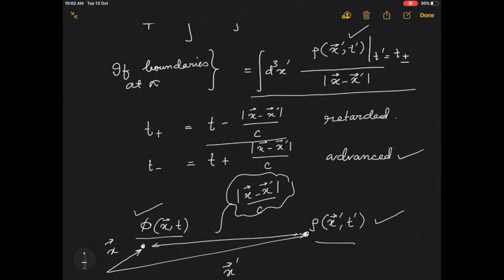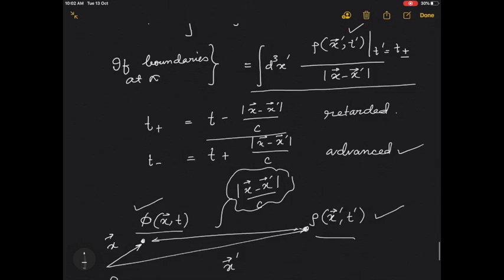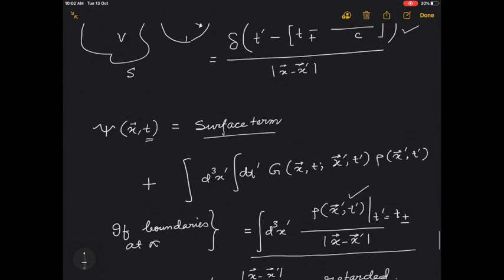Okay. There is also an advanced solution, as you can see here. It was used by Wheeler and Feynman to explain certain things, but finally it did not work out very well. So we'll not even talk about it. But this is the meaning of the retarded and the advanced Green's function.